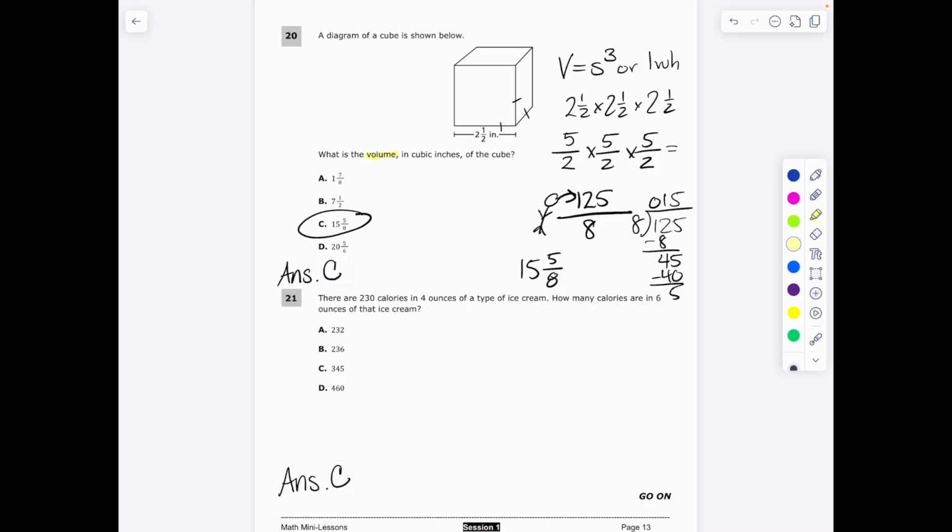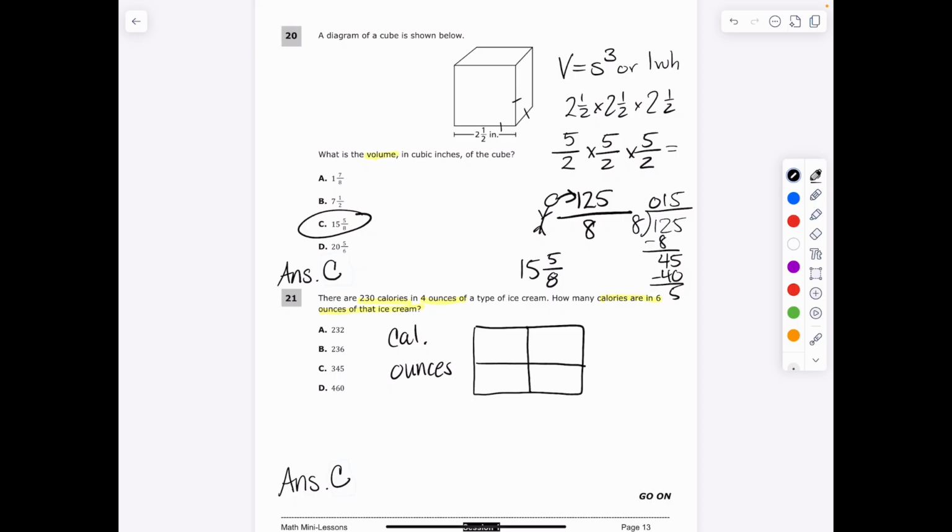And it says there are 230 calories in 4 ounces of a type of ice cream. So I'm thinking ratio, because I have 2 different things. I have calories and ounces. How many calories are in 6 ounces of ice cream? Okay, so I have calories and ounces. Let's put this in my ratio table.